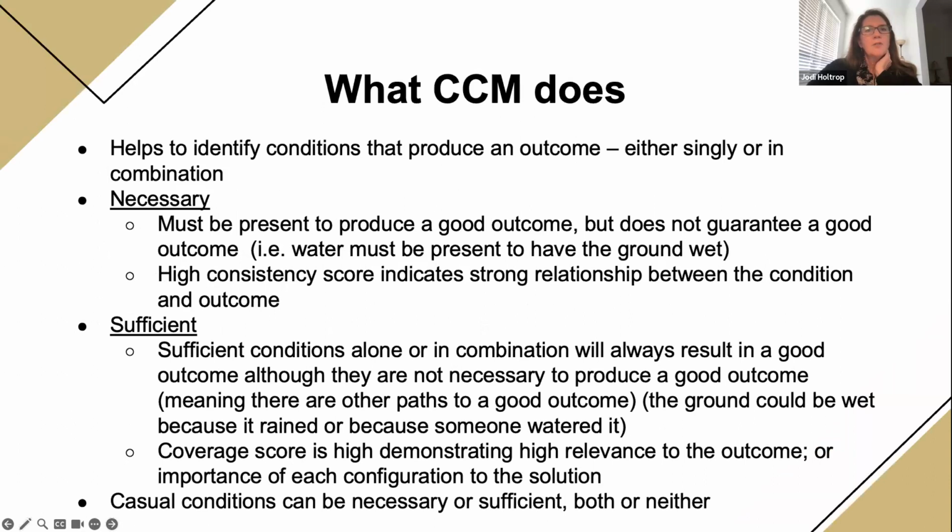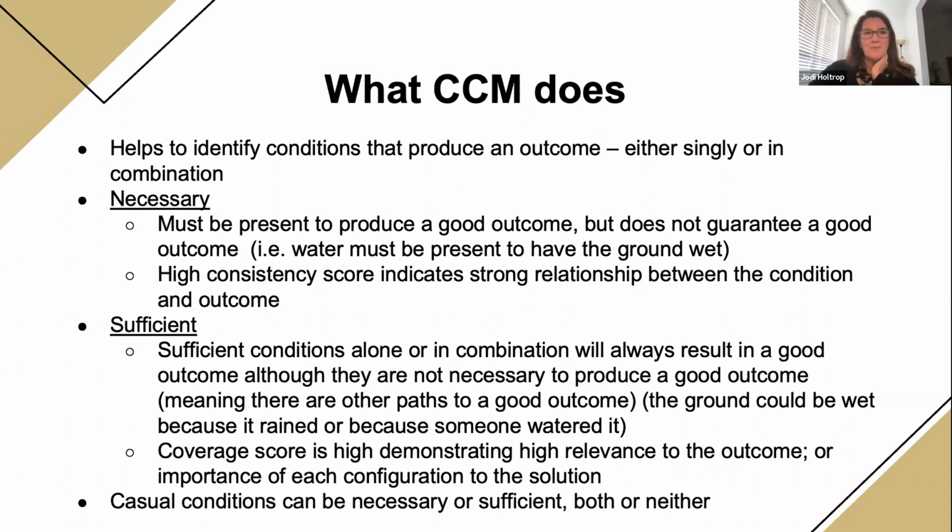Okay, so what CCM does, it helps to identify conditions that produce an outcome, either singly or in combination. What it includes is necessary and sufficient conditions. So necessary conditions must be present to produce a good outcome, but it's not guaranteed for a good outcome, meaning water must be present to have the ground wet.